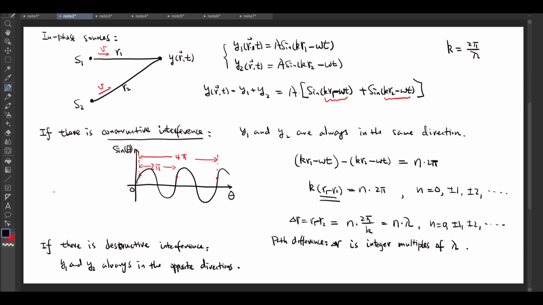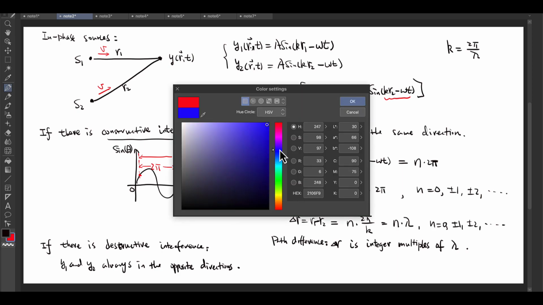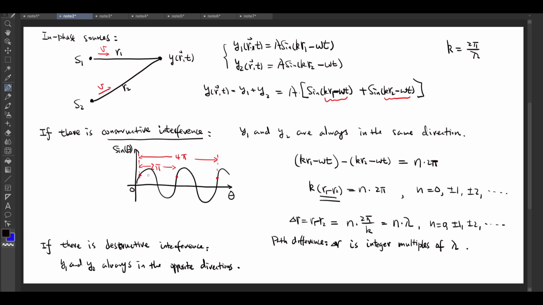Now let's still use the previous picture as an illustration. Let's say I'm looking at this point here, and then another point I'm going to pick is this one.